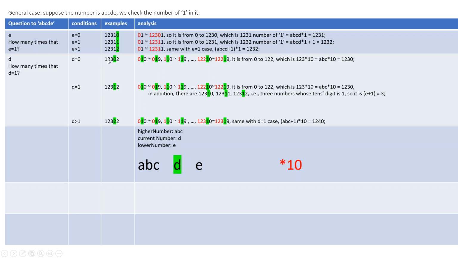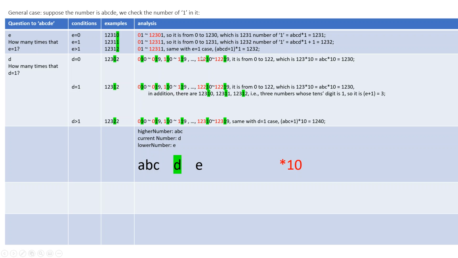Suppose we are given 12302. Then it could range from 10 to 19, which includes 10 ones at the tens digit. The second range will be from 110 to 119. It also includes 10 numbers, and the 1 appears at the tens digit.